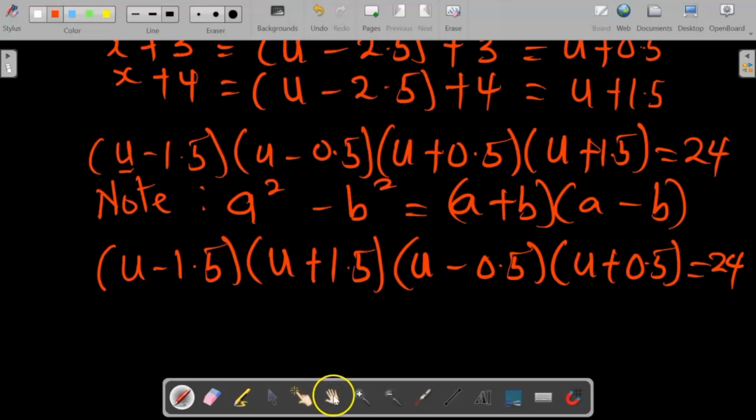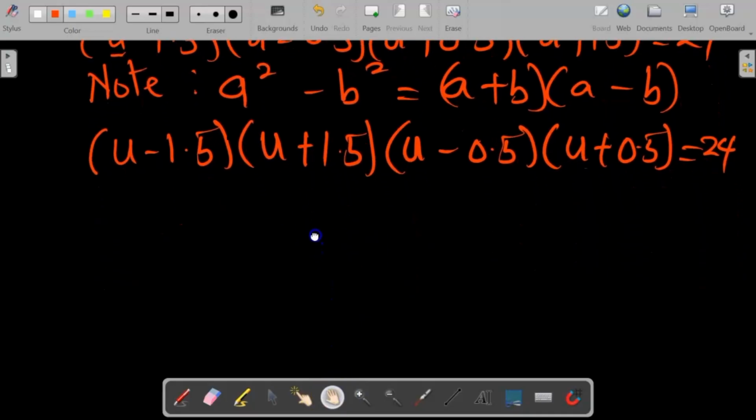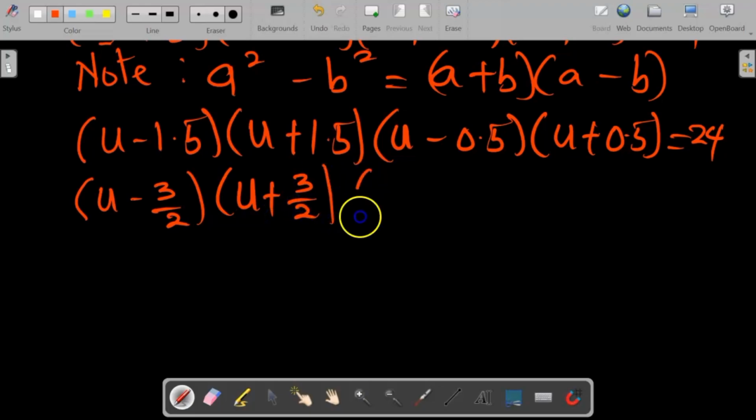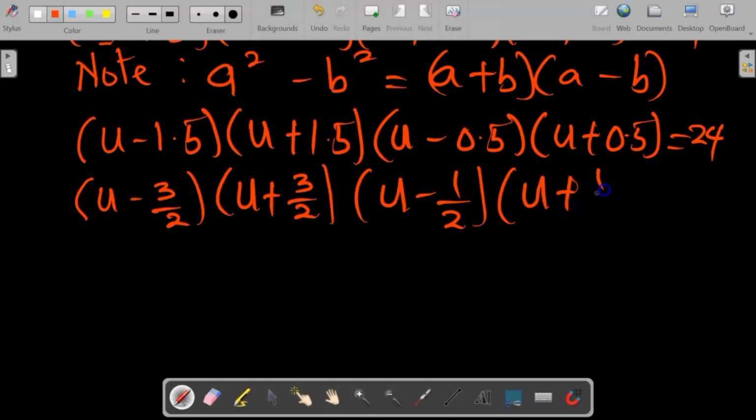Now let me change all the decimals to fractions. So (u minus 3/2)(u plus 3/2)(u minus 1/2)(u plus 1/2) is equal to 24.